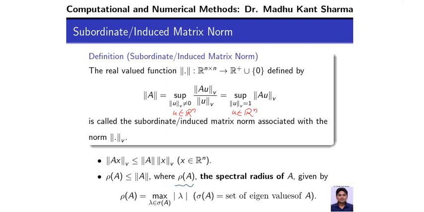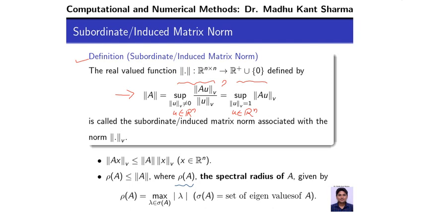So last time we defined the subordinate matrix norm on a matrix, which is given by the following definition, and we left an exercise to show that these two things are the same.